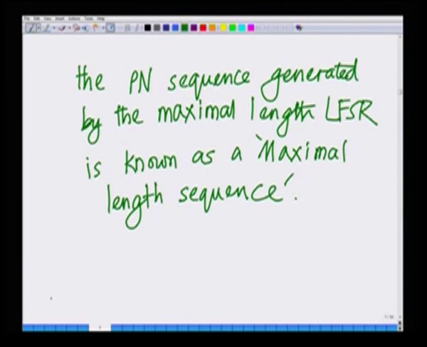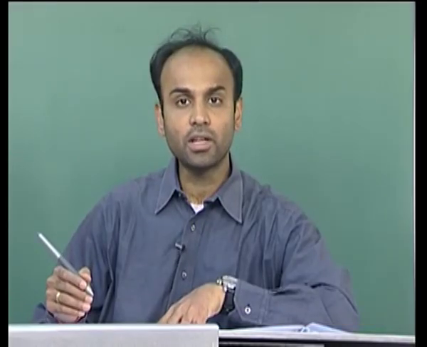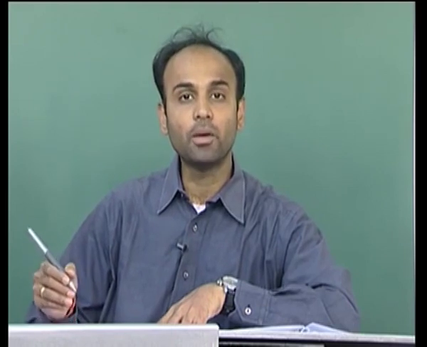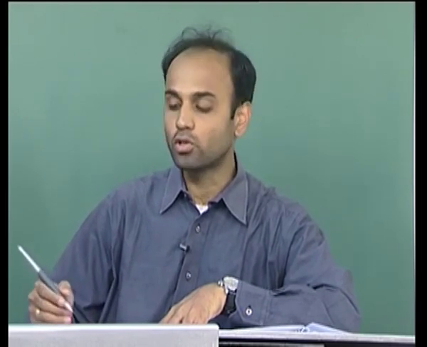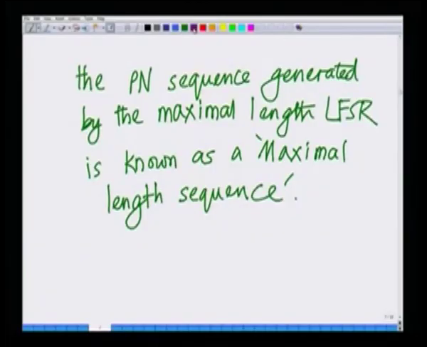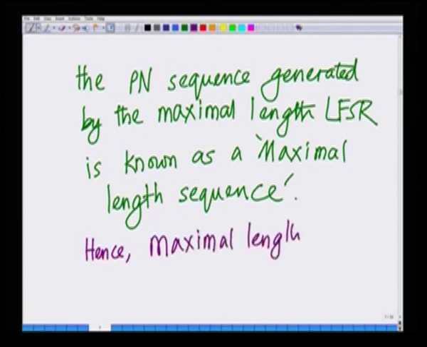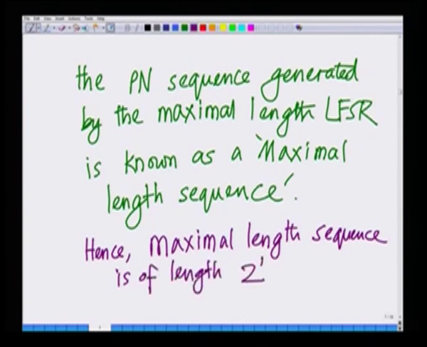Now, as we have seen, it visits all states except the all 0 state, hence the number of states is 2 power d minus 1, hence the length of the sequence is also 2 power d minus 1. Hence the maximal length sequence is of length 2 power d minus 1.